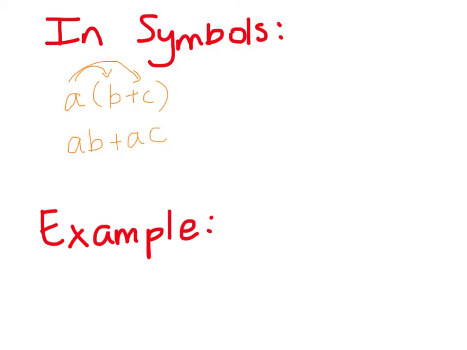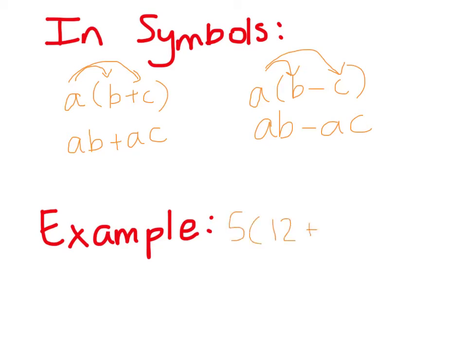Okay, we can also multiply something by a difference. So if I'm subtracting B and C, I take A times B, and then A times C, and I get minus AC. Now an example with numbers is if I had 5 times 12 plus 4. Now according to our order of operations, we will normally just add inside of here.